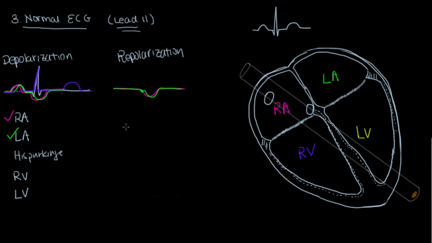Now the reasoning for that, we'll just look back right at this. In terms of the right atrium, the depolarization happens in this direction. And the order of the cells that repolarize also follows in that same direction, right? Makes sense: the cells that depolarize earlier are the ones to repolarize first as well.